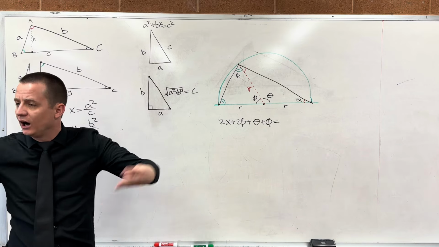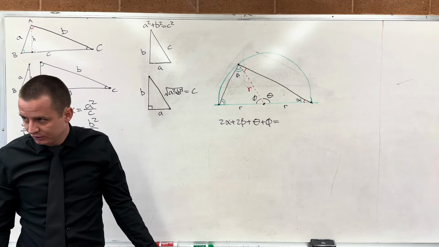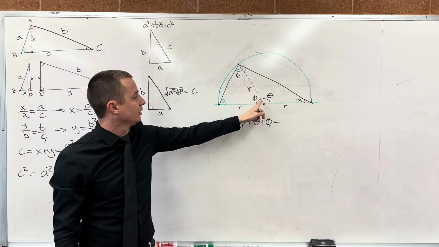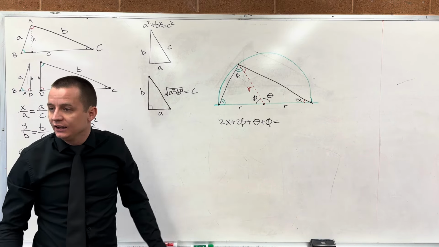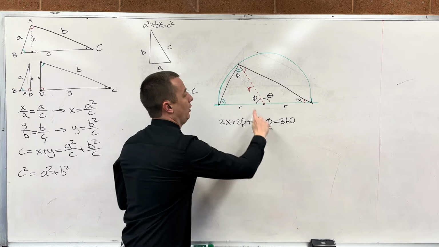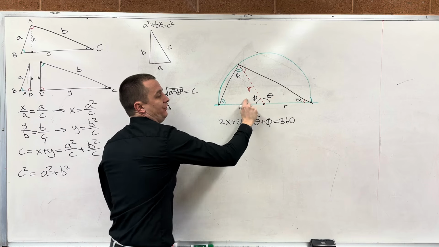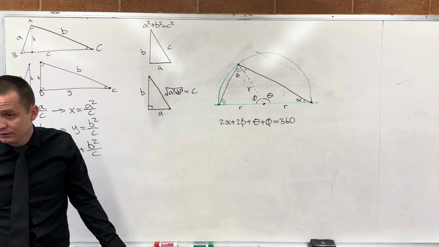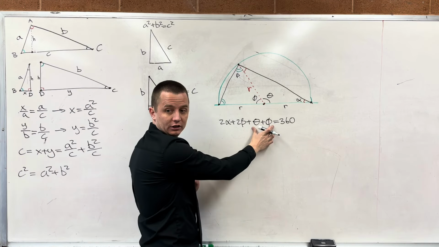A straight angle or 180 degrees. We'll do it in terms of degrees. So the sum of these three is 180, and the sum of these three is 180. Add them together, you get 360. Right. You with me? Yeah. Now, theta plus phi is a straight angle, or 180. So this is really 180 degrees.